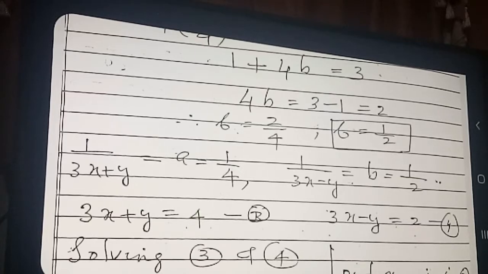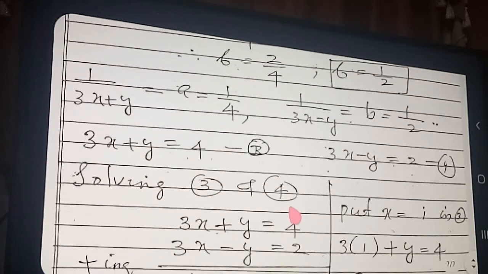So what's the value of the third equation? 3x plus y is equal to 4 and 3x minus y is equal to 2. Solve it.